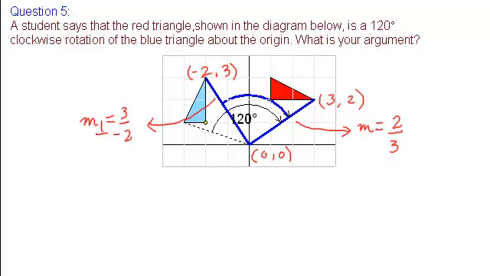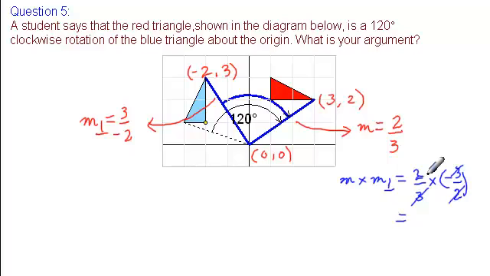So let me change the color to have a better view. Now the slope of one segment is m, and the slope of the perpendicular line, if you multiply the two slopes and the product is negative 1, then the two segments are perpendicular.